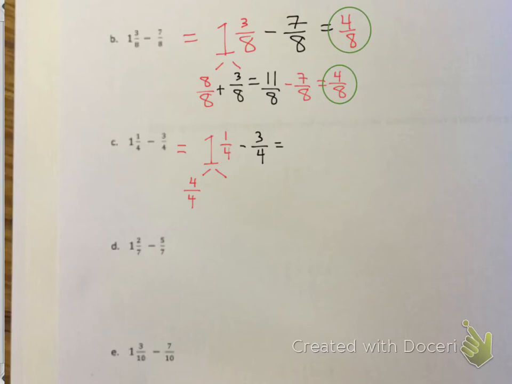So we bring down that 4/4, decompose. We bring down the 1/4 here. And now we add them, because then we'll have that mixed number. And now we bring down the 3/4 and subtract.